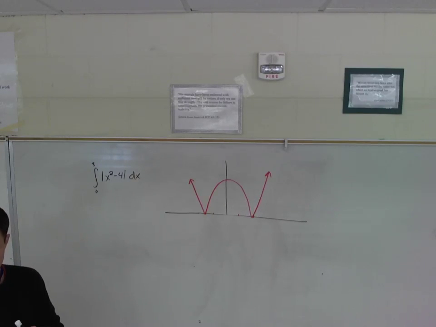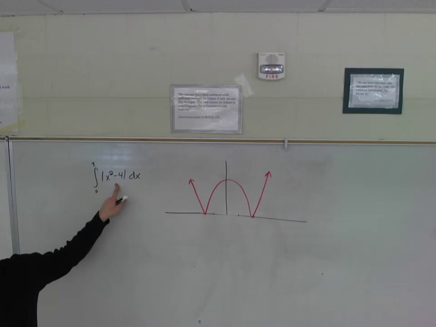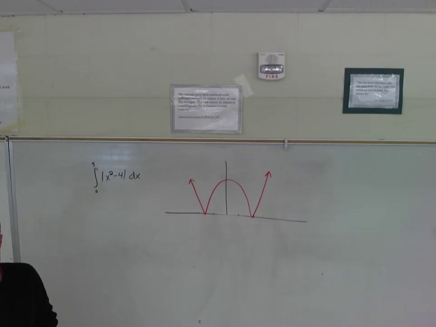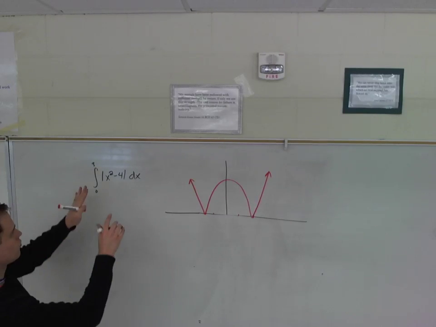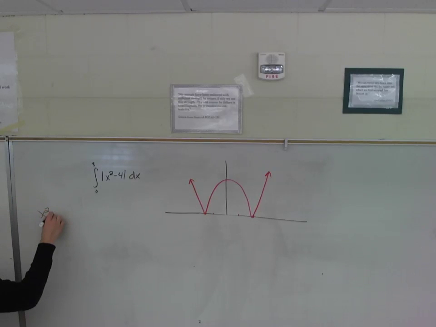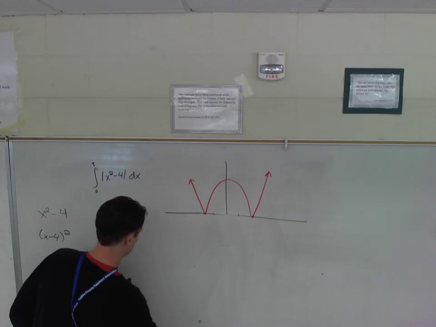Why do we do that? Because the absolute value makes any y value positive. I thought since that was inside, it would be to the left or right 4. But the function is just this. You're thinking this. Oh, okay.